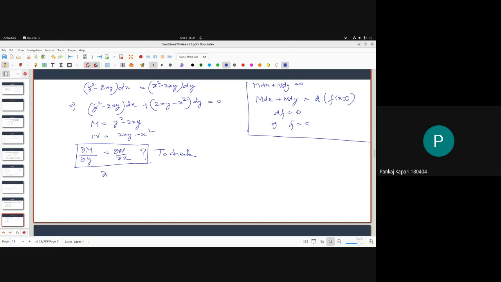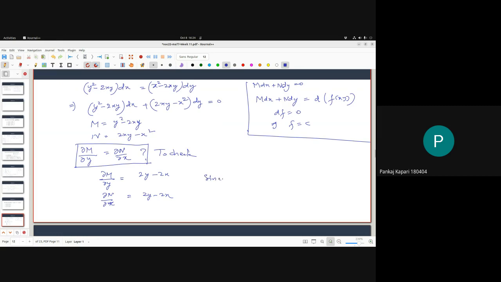So what is del M over del y? Differentiate M with respect to y, we'll have 2y minus 2x. Now differentiate N with respect to x. So we'll again have 2y minus 2x. Okay.